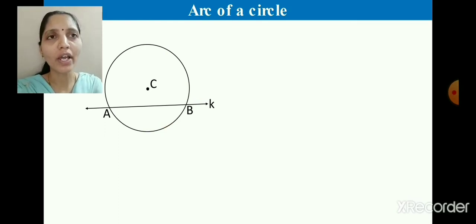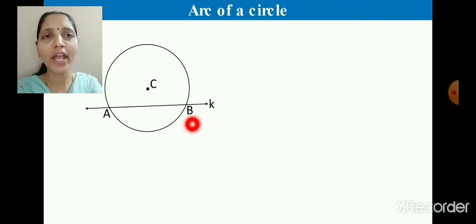So can you define arc of a circle? Yes, arc of a circle is nothing but any one of these two parts and the common points of the circle and the secant constitute the arc of the circle. Now what is the meaning of endpoints?